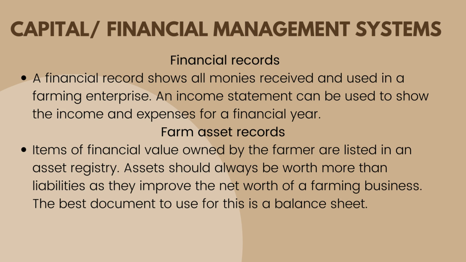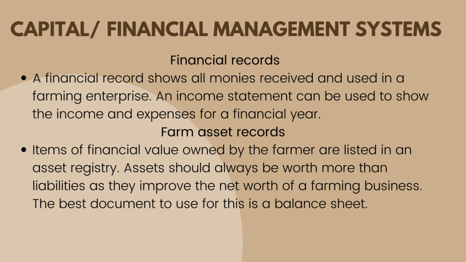Now, assets are recorded in an inventory, which allows you to count your assets at a particular point in time. So, as a farmer, you need to have a list of all your assets because these items are of financial value. Your assets should always be worth more than the liabilities as they improve the net worth of the farming business, right?